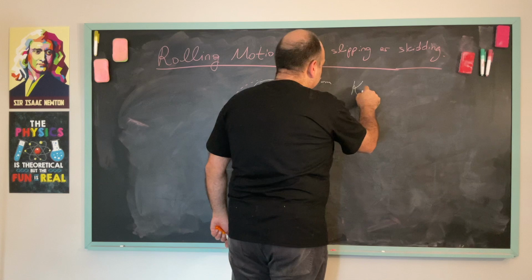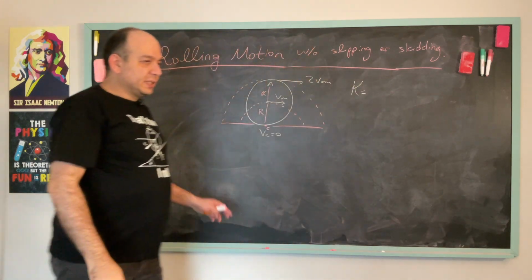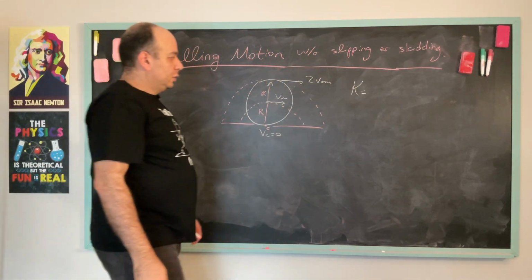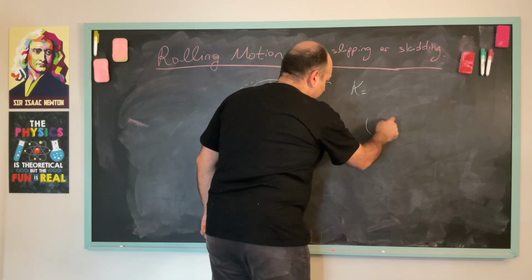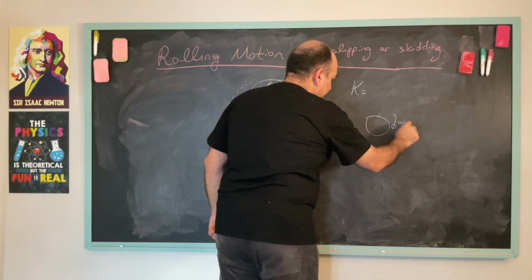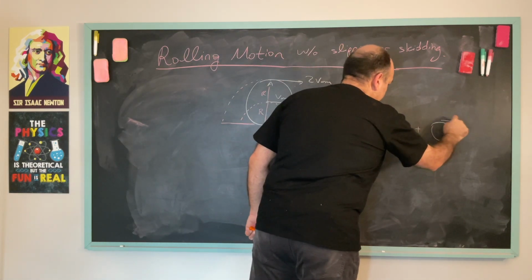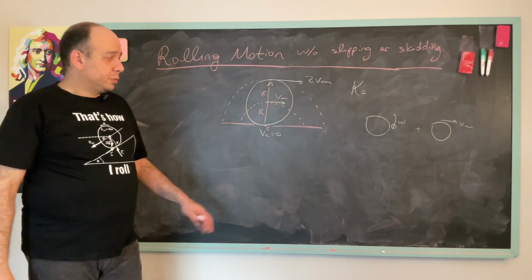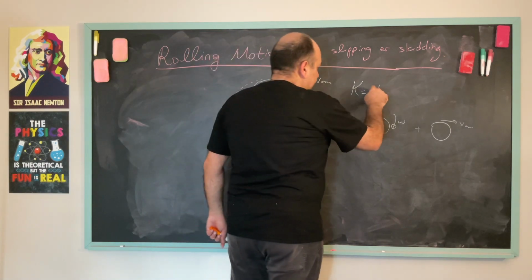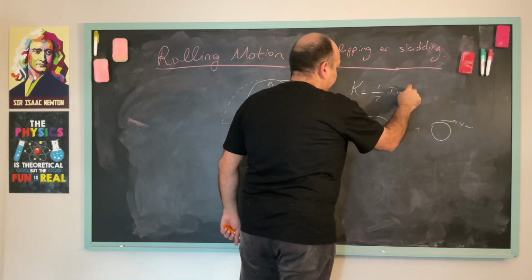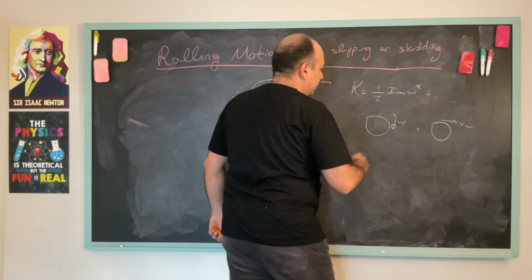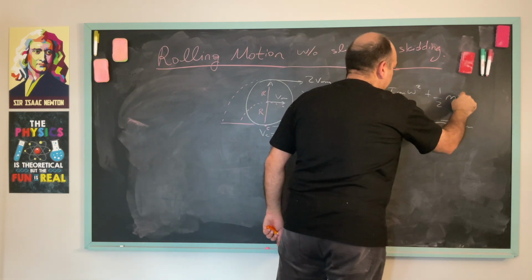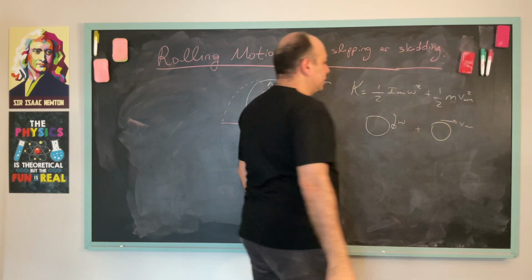So let's write down the kinetic energy of a rolling system. Okay? As we discussed before, there is pure rotation and there is translation. So we will have two terms. You can simply write 1/2 I center of mass omega square for rotation plus 1/2 m v center of mass square for the translation.